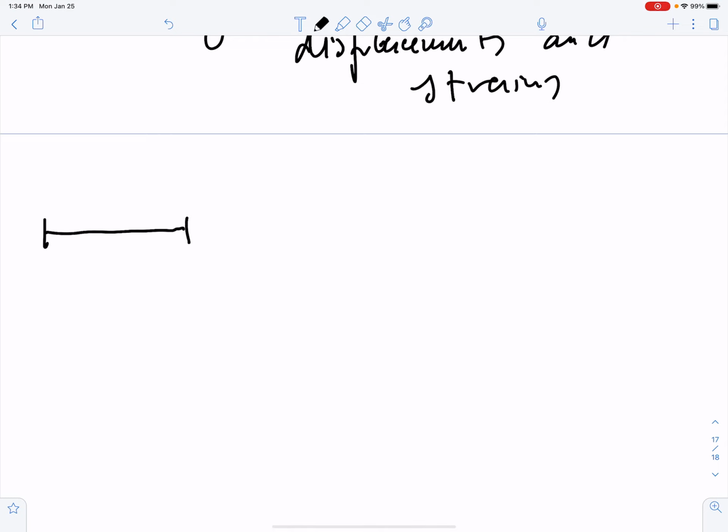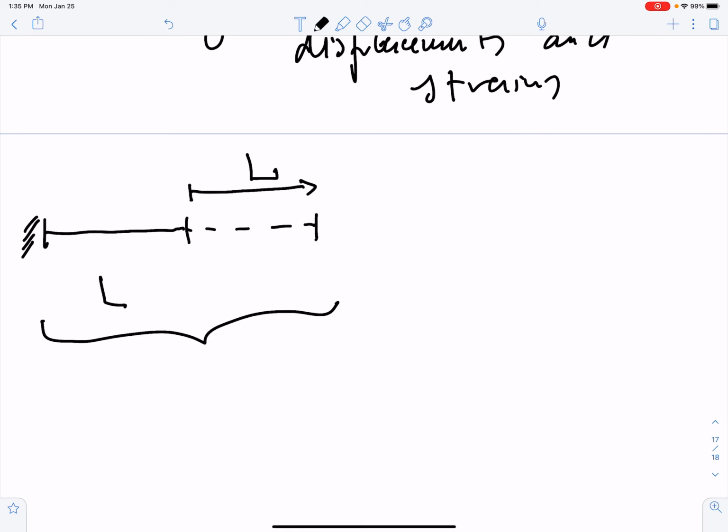This is of size L. Just say, for the sake of argument, you've prescribed this displacement to be 0, it's fixed, and then you move this end by another L. And so then what happens is the bar elongates, develops a significant tensile force, and goes from L to the size 2L. So it doubles in dimension.